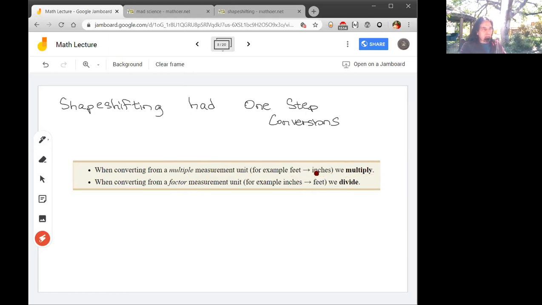You know it's a 12, so we'll multiply by the 12 to get from feet to inches. When you're starting with a smaller thing, like inches, that are a factor of the bigger unit, like feet, then you divide. If I'm going from inches to feet, I'll divide by the 12. And if you're used to this, this is nice. It's reassuring to know that, yes, I know just instinctively to multiply or divide by 12 because I do lots of carpentry, and here's a good rule that shows me I'm smart.